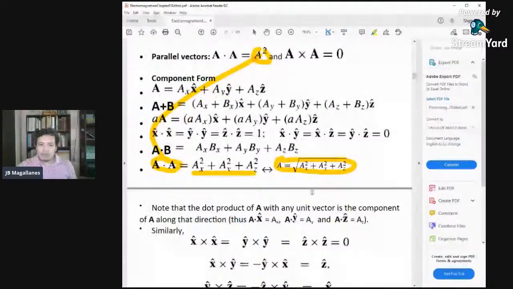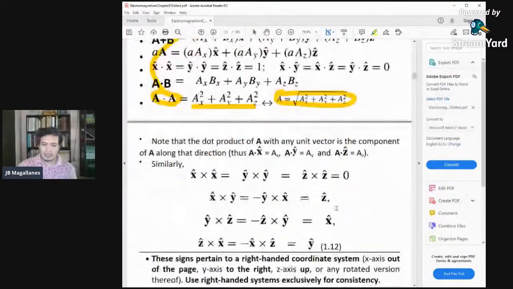So for the cross product, x cross x, what is the angle between x and x? The angle between x and x is 0. And also the angle between y and y is 0, and the same for z and z.